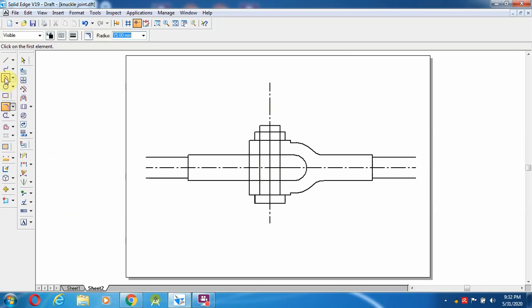After completing this, go to the option called curve. From this, second point, third point, fourth point, fifth point, and again from here first point, second point. Again the same here: first point, second, third, fourth, and second, third point.